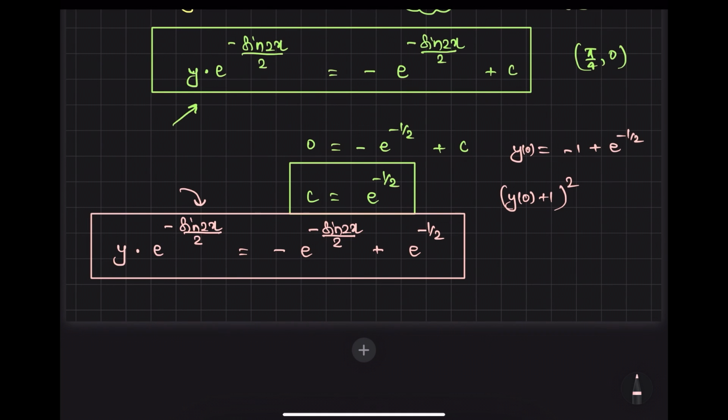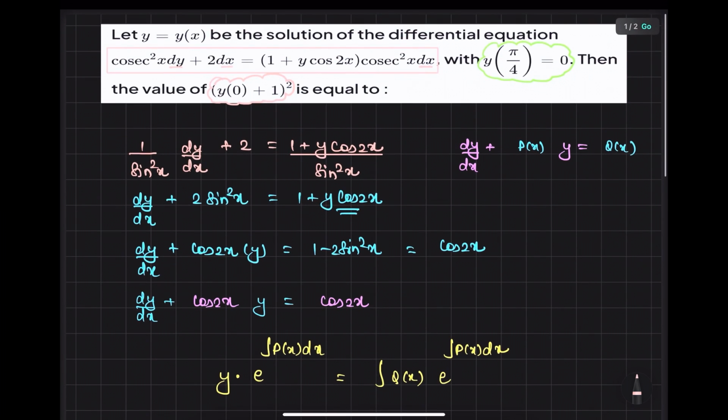Don't you think this 1 and this minus 1 will get neutralized, leaving e power minus 1 by 2 plus 1 whole square. Now power to the power is multiplication. So e power minus 1 by 2 into 2 will become e power minus 1. Therefore the required value of the given question is e power minus 1.